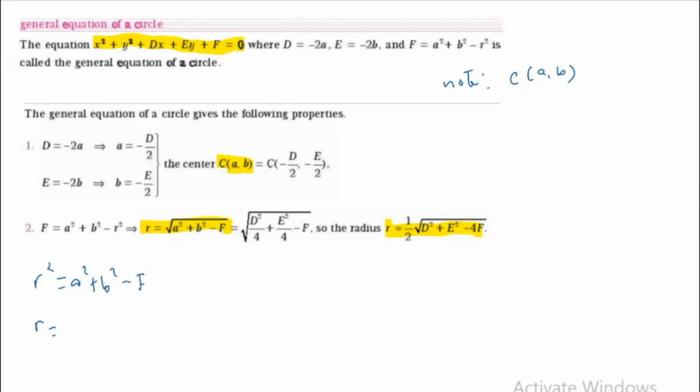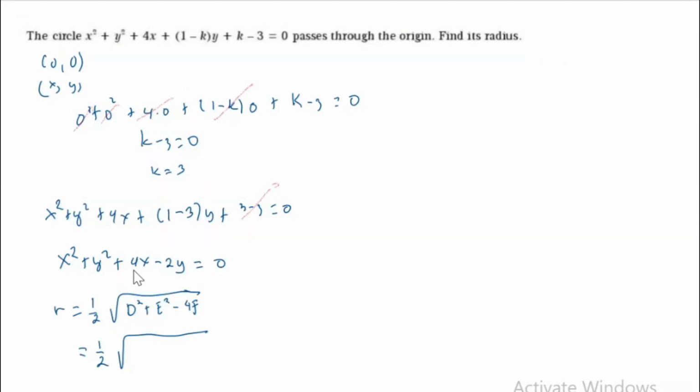So dx, therefore the value of d is 4. So we can write 4 squared plus e, the coefficient of y, which is negative 2. So I can write the square of negative 2 minus 4 times the value of f.